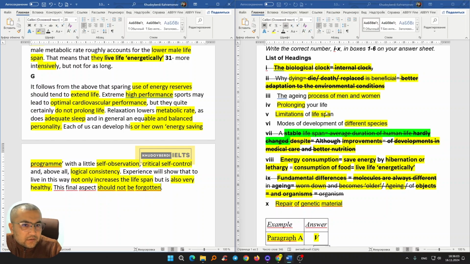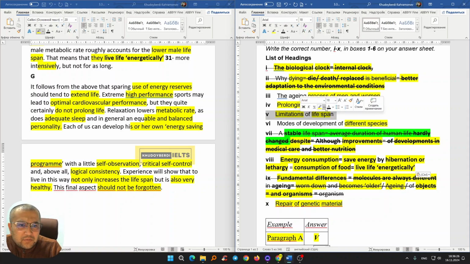So, is it talking about the aging process? I don't think so. It's not talking about the aging process of men or women. We have no information here, right? And prolonging your life, limitations. Still, no limitations. If you pay attention here, this is kind of an extra heading, right?